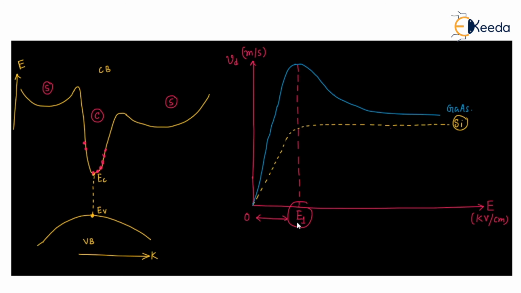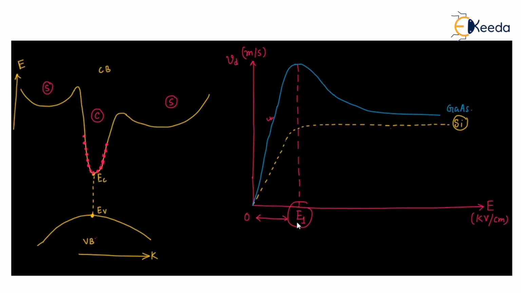As we increase the electric field from 0 to E1, more and more electrons get deposited in the central valley. So the drift velocity will increase, because due to the electric field the electrons are getting excited into the central valley. That's why we are getting this type of plot.